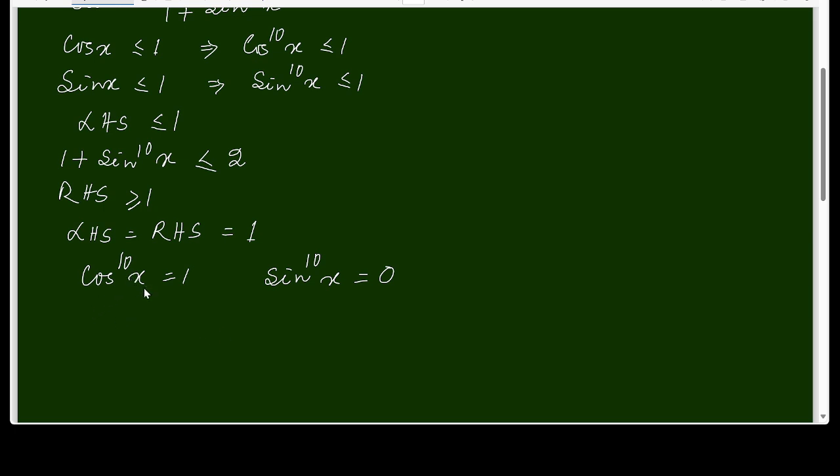So when cos power 10x equals 1, cos x equals plus or minus 1. And when sine x equals 0, x can be 0, x can be pi, x can be 2 pi.